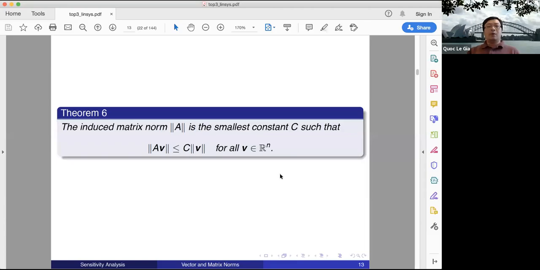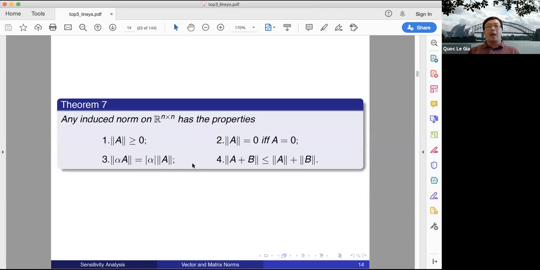Now go back to the slide. The matrix norm is just the smallest constant C so that the norm of AV is less than or equal to C times the norm of V. And now we can show that the norm of the matrix satisfies the properties of the usual norm.